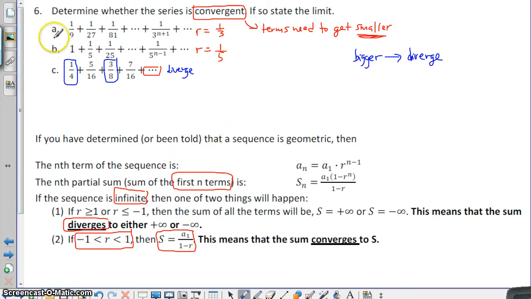So if I want to find, let's say for part A, I need to use S for the infinite sum. It's going to equal A1 over 1 minus R. The bottom's easy, 1 minus 1/3. A1, how do I find A1? All I have to do is look at the very first term, 1/9. So, doing a little bit of simplification, 1/9 on top. 1 minus 1/3 is 2/3.